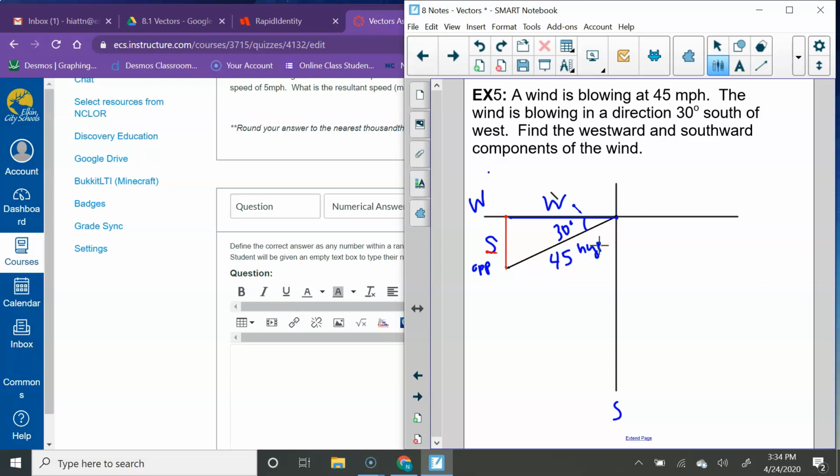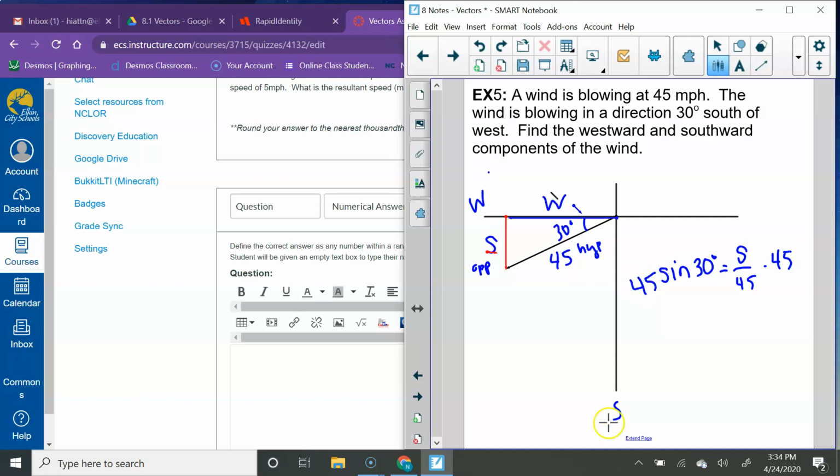So for this, sine of 30 degrees equals the opposite, which we don't know, that's S, over 45. And to solve for that S, we just have to multiply both sides by 45.